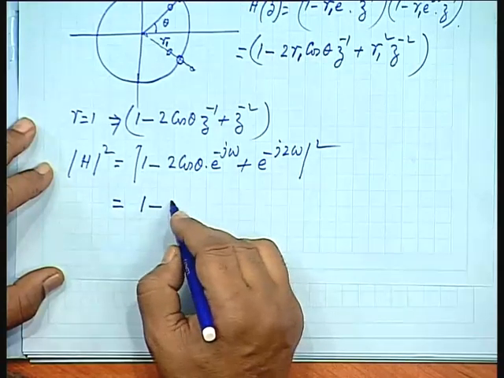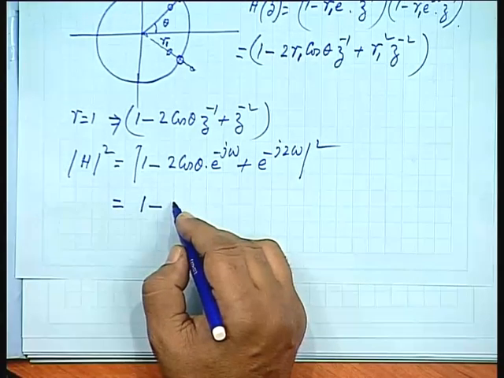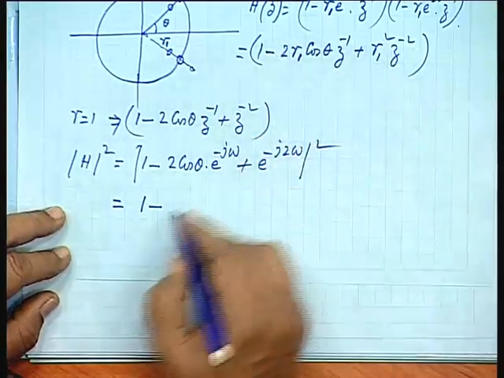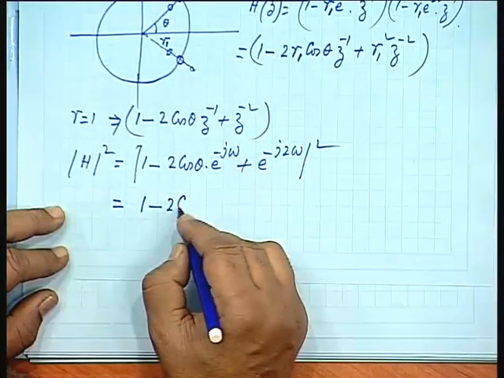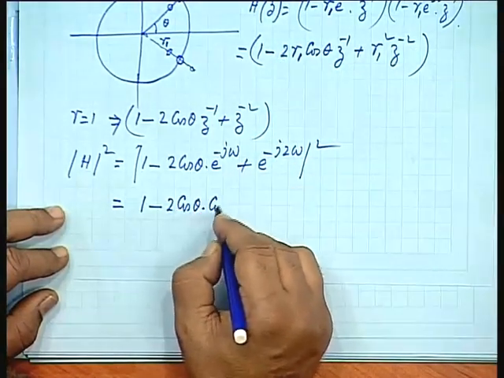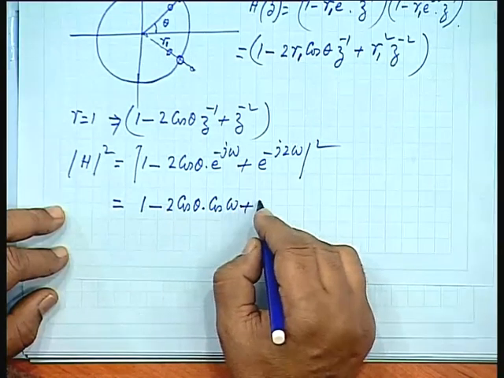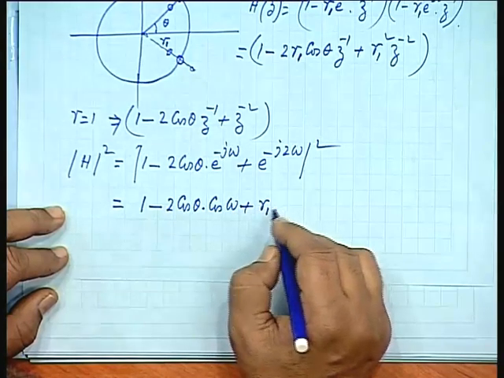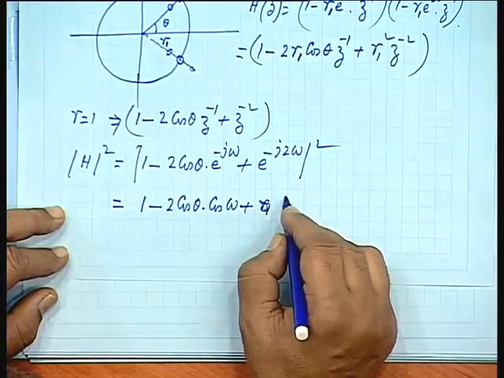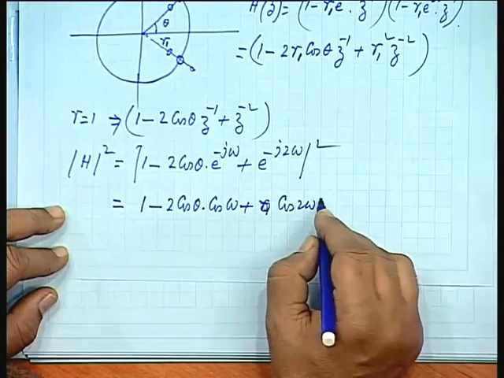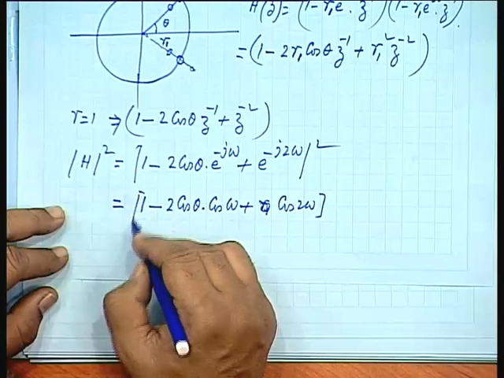1 minus, we have already got this, 2 cos theta cosine omega, plus r1 square is known, cosine 2 omega, squared.